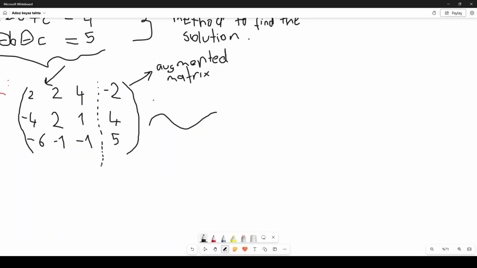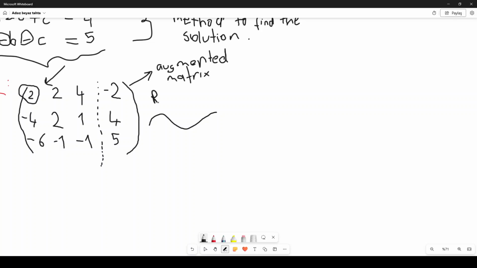All right, the first step. This is the very first element in the first row. First of all, I should start by making this value 1, right? I need to convert this value into 1. The leading entry in the first row should be 1. So how can I do that?